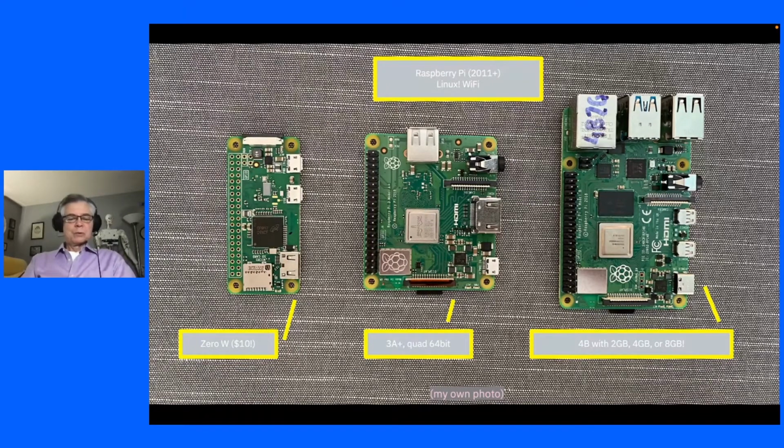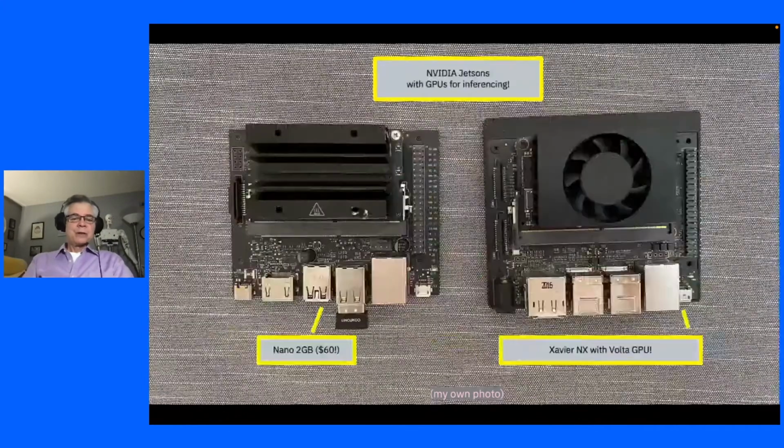But there's also several A models like the 3A Plus that's sitting there, and several B models like the 4B that's shown on the right. The 4B models go all the way up to 8 gigabytes of RAM with a 64-bit CPU. So quite powerful, very small, easily used computers.